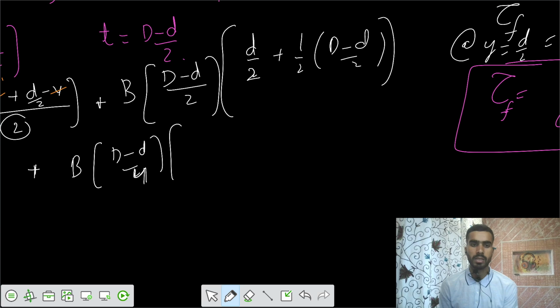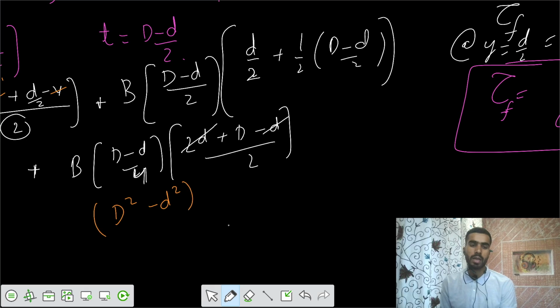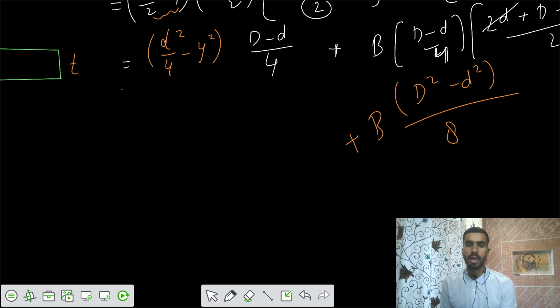Finally you got D minus d by 4, and you can write 2D plus d minus d divided by 2, D minus 2d plus capital D minus small d. So you can write 2D minus d, that is equal to D. So you can write D plus d and D minus d. So finally, the equation of D square minus small d square divided by 8 b times. So you got this part, and we got the first part.